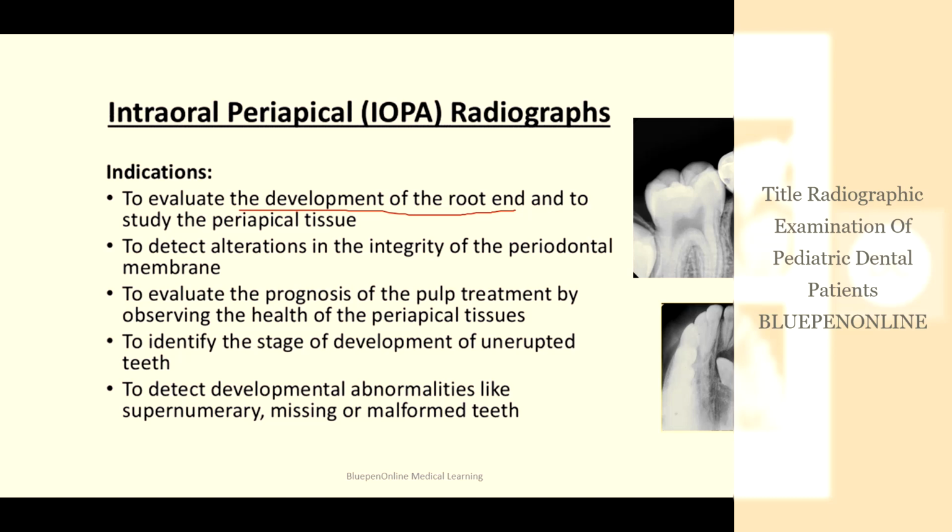And it is also used to detect alterations in the integrity of the periodontal membrane, to evaluate the prognosis of the pulp treatment by observing the health of the periapical tissues, to identify the stage of development of unerupted teeth, to detect developmental abnormalities like supernumerary, missing or malformed teeth.